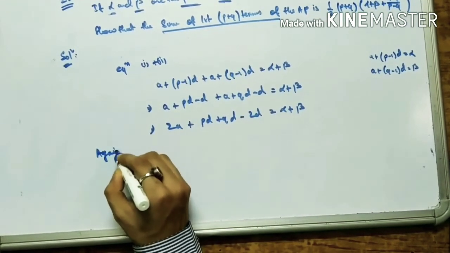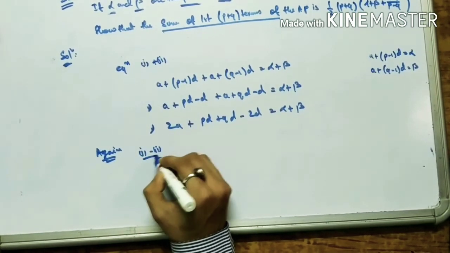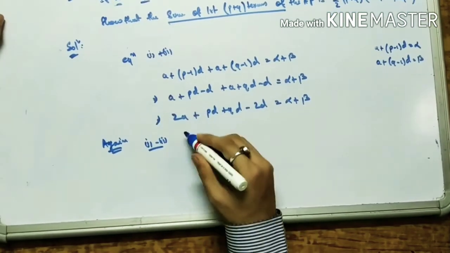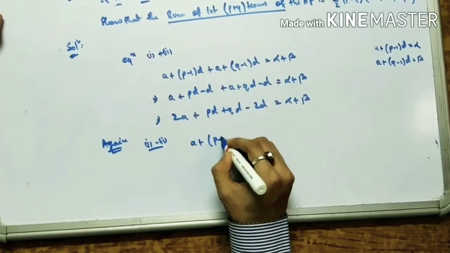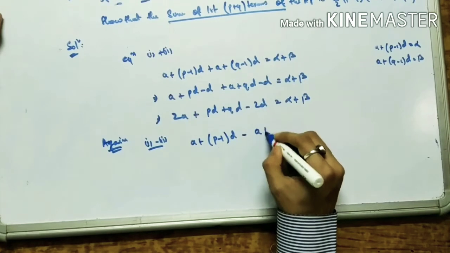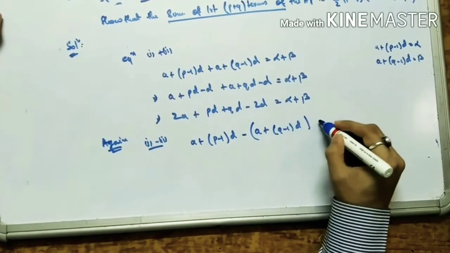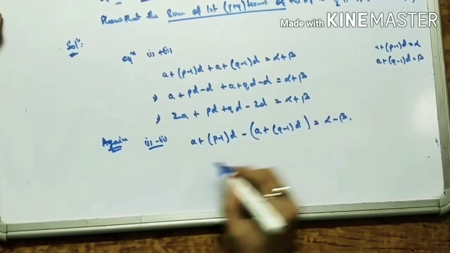Again, what I will do? Equation 1 minus 2. First of all I did 1 plus 2, now I will do 1 minus 2. So a plus (p minus 1)d minus (a plus (q minus 1)d) is equal to alpha minus beta. The a's cancel, and I will get pd minus d, and minus qd plus d, is equal to alpha minus beta.